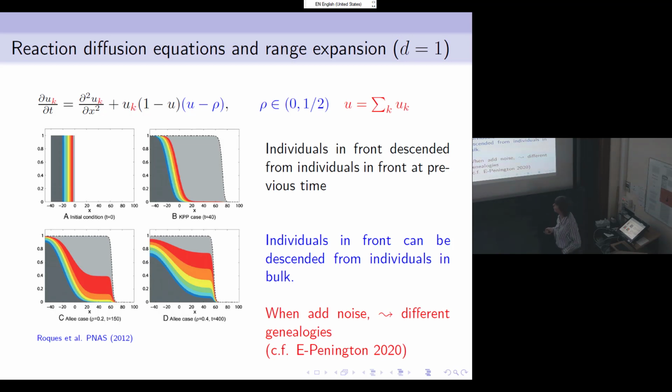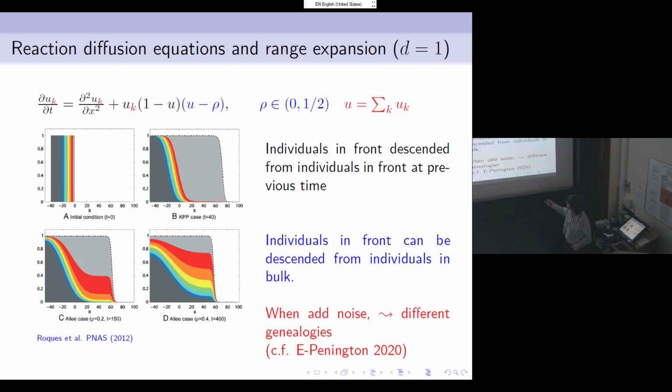And for those of you who know about this stuff, in the Fisher-KPP case, if you sample individuals from the wavefront when there's a small bit of noise, then you get a coalescent called the Bolthausen-Sznitman coalescent that we may encounter later on.